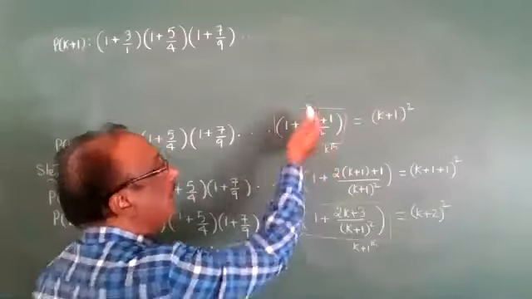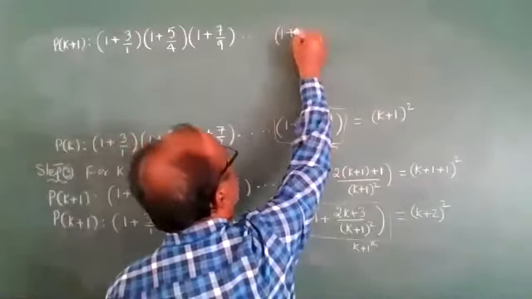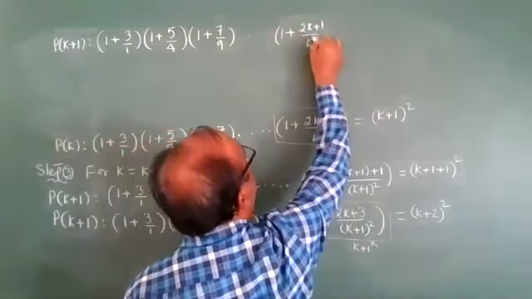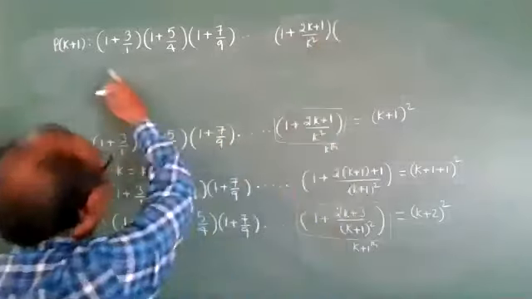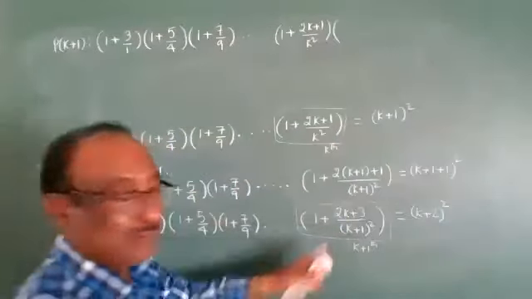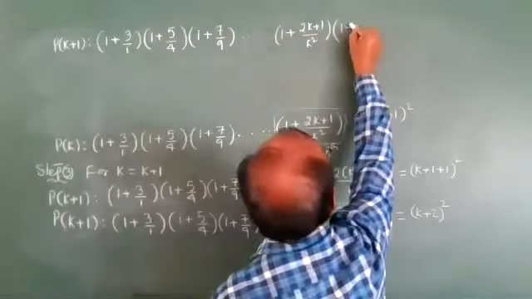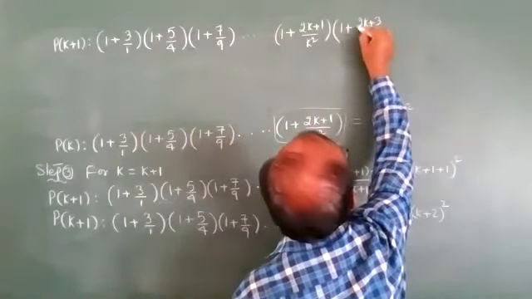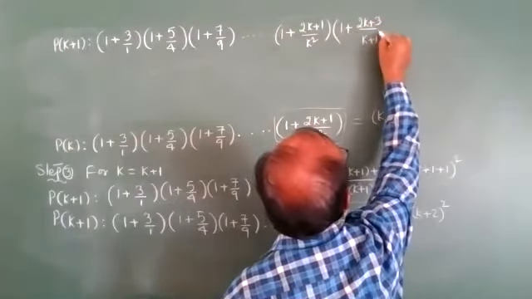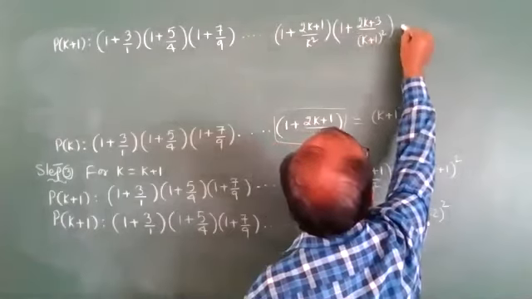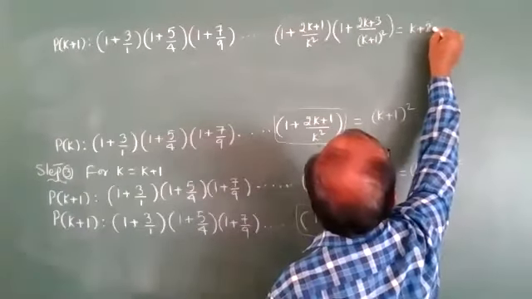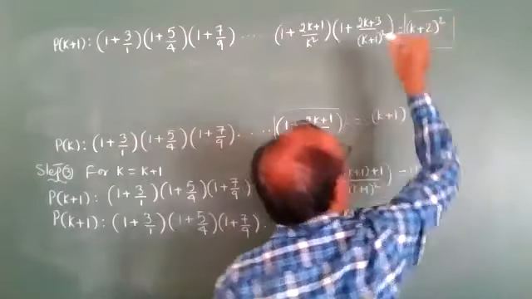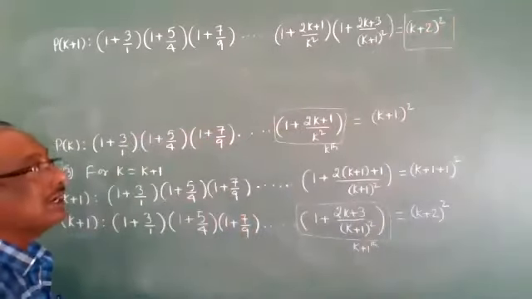This term copy here: 1 plus (2k plus 1) by k square, into the k plus 1th number, 1 plus (2k plus 3) by (k plus 1) whole square is equal to (k plus 2) whole square. Take left hand side. This answer we are going to prove.